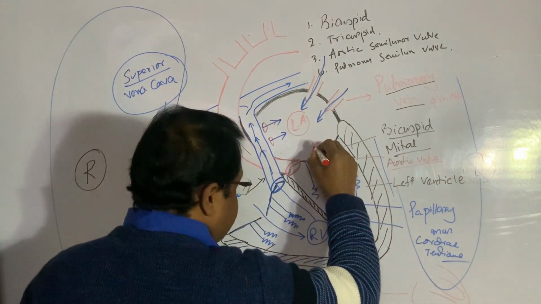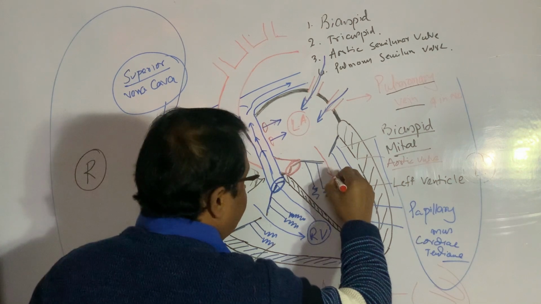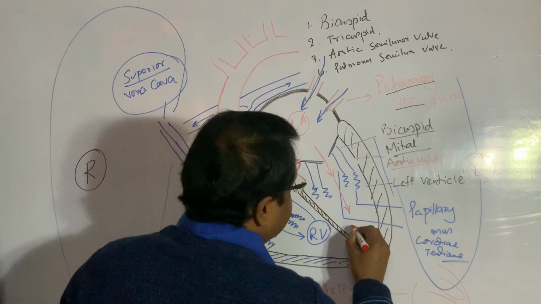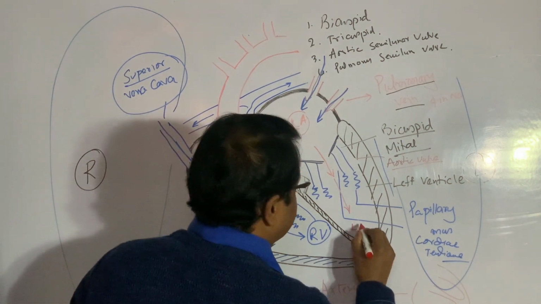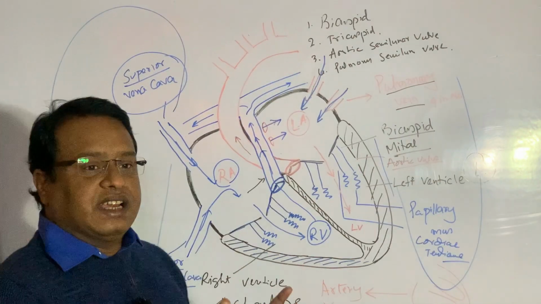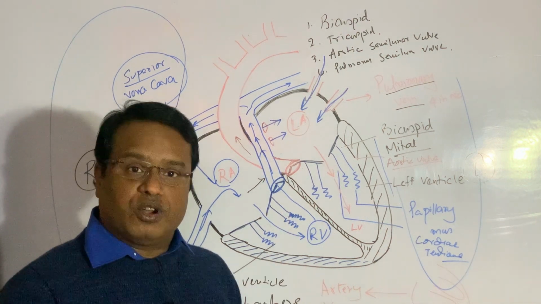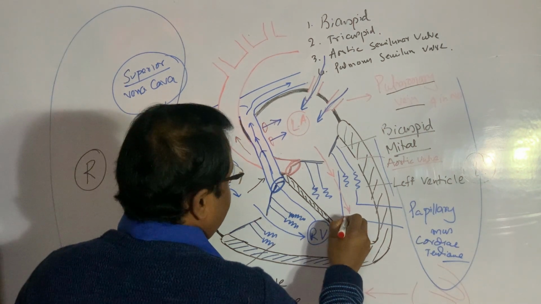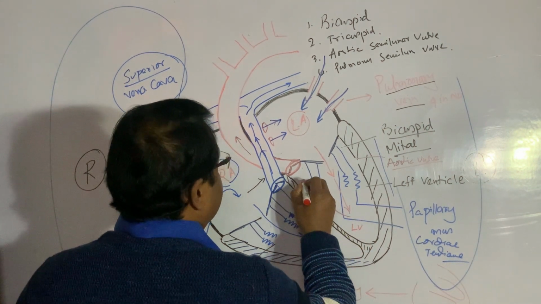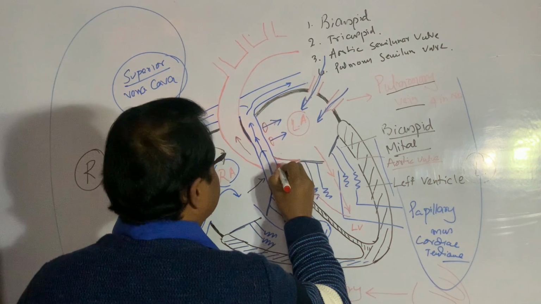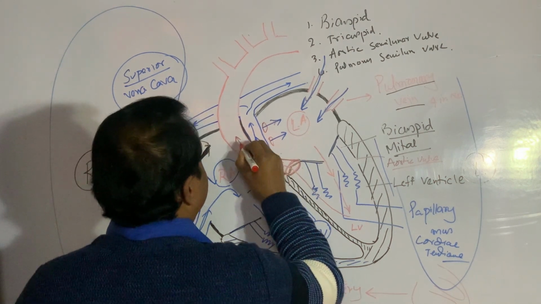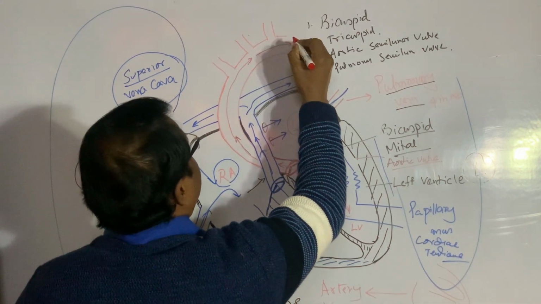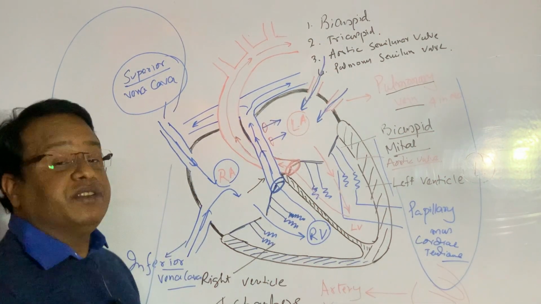When it contracts, the bicuspid valve opens and blood enters the left ventricle. When the left ventricle is full of blood, it starts contracting and blood is ejected into the aorta, and it goes to different parts of the body.